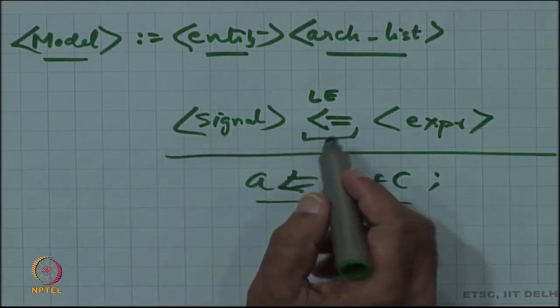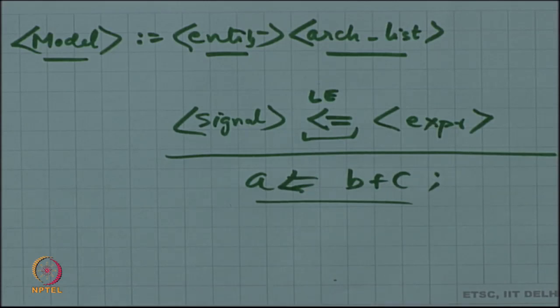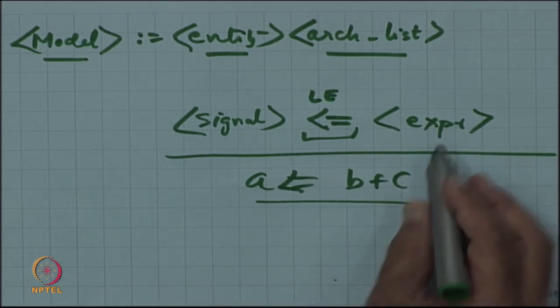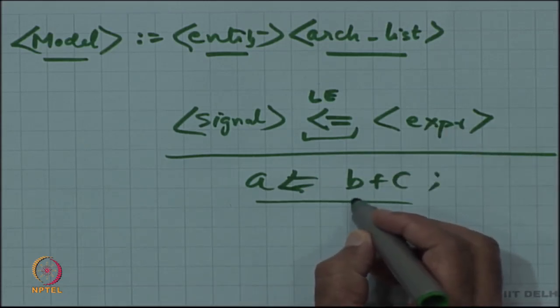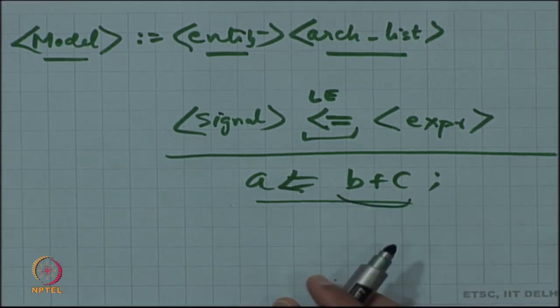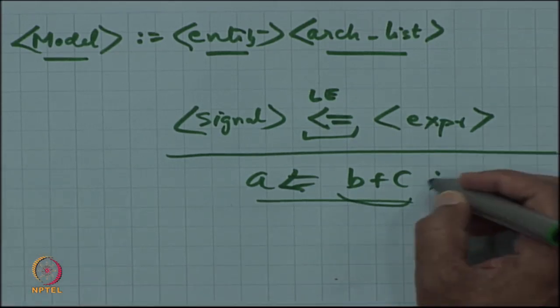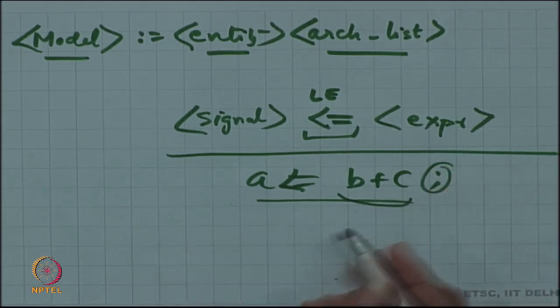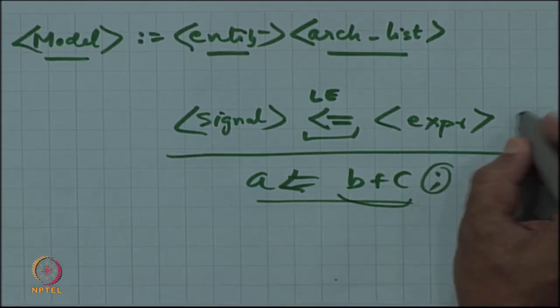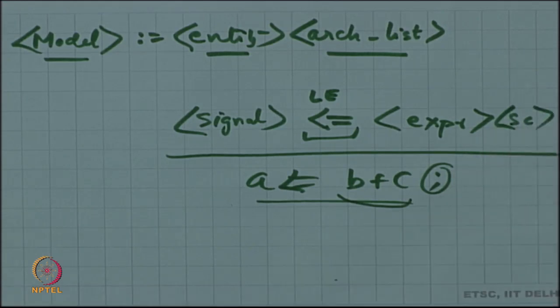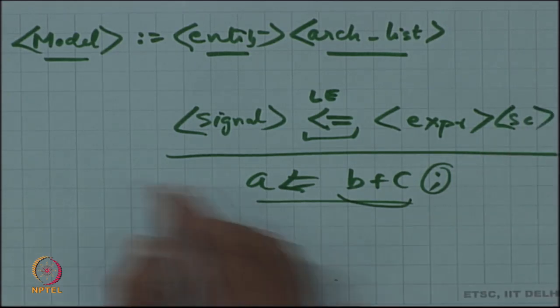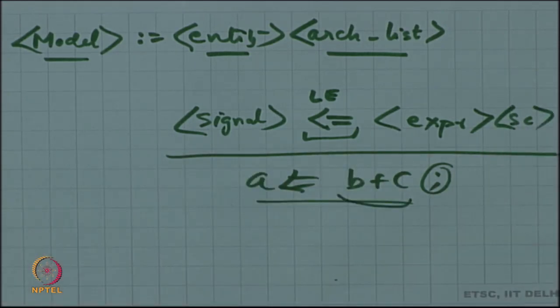So, I have signal, this assignment operator, an expression. That expression I should be able to capture any kind of expression. You may have hundreds of operations in there, and that is also a valid expression, right. There is no limit to how complex that expression is. There is one more thing, this also needs to be specified. This grammar has to have everything, so that semicolon token also goes there. That is a simplified version of a concurrent signal assignment for us.